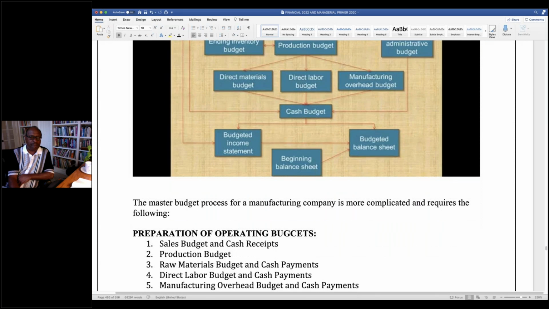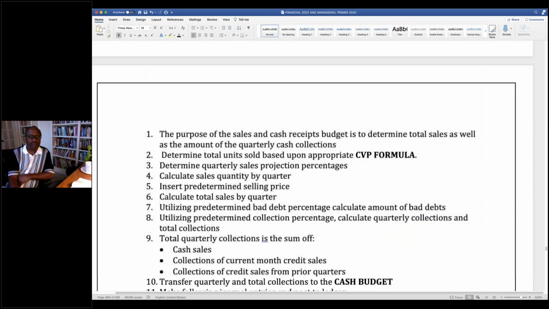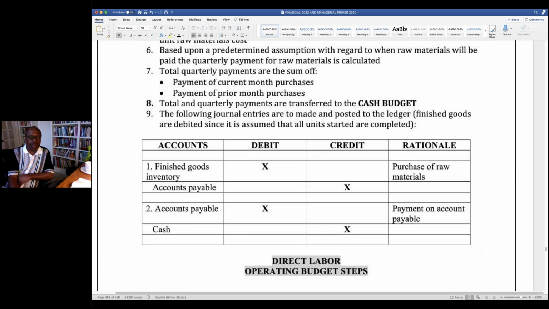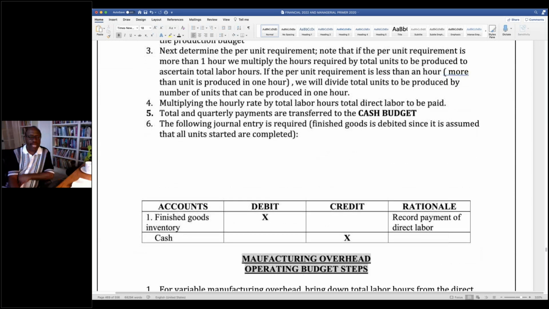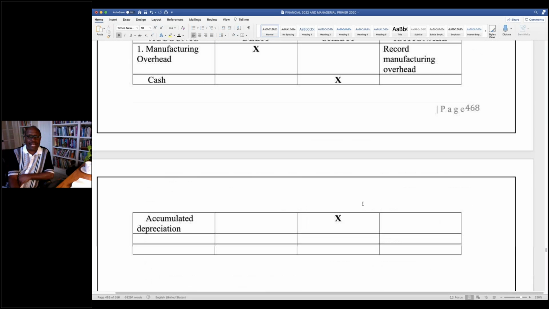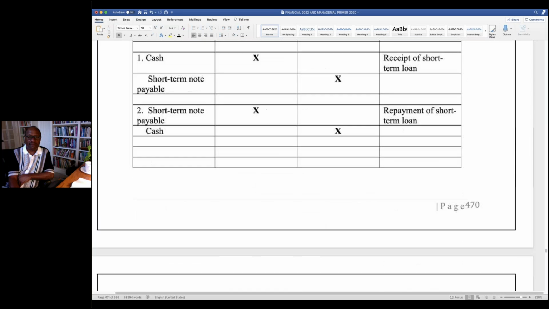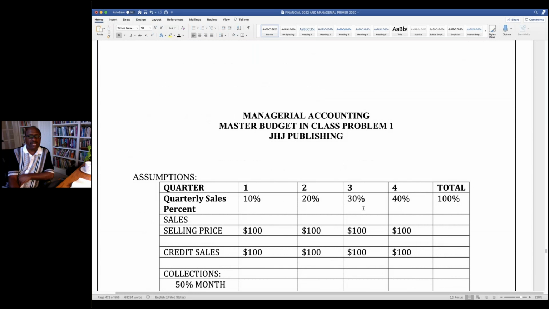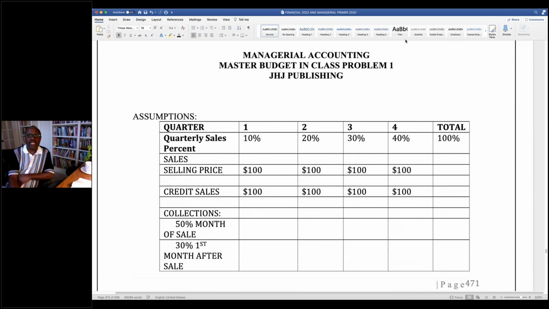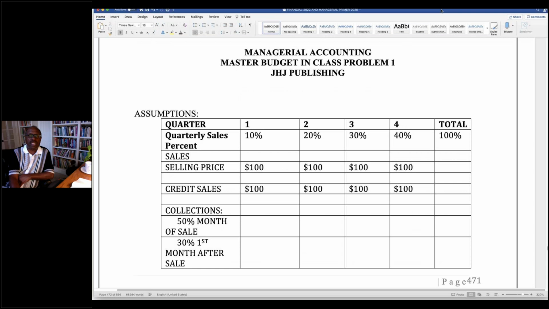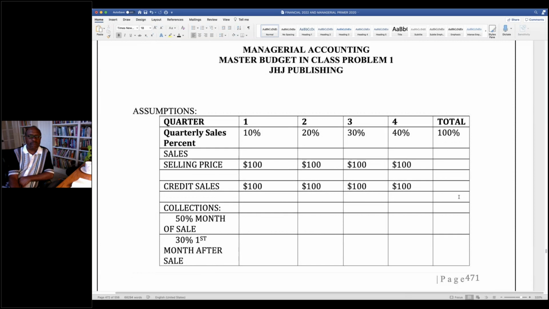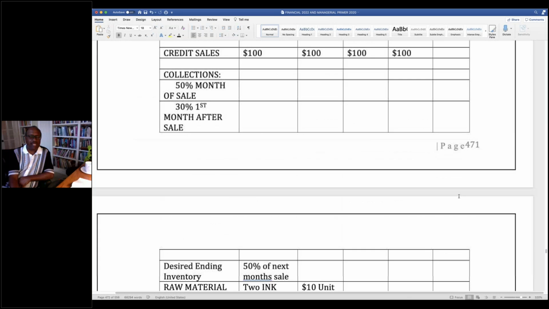So you got to prepare all of those budgets. In the primer, we have this discussion of how to prepare each budget. And this is our in-class problem that we will begin on next time in terms of how to prepare those budgets, starting with the sales budget.